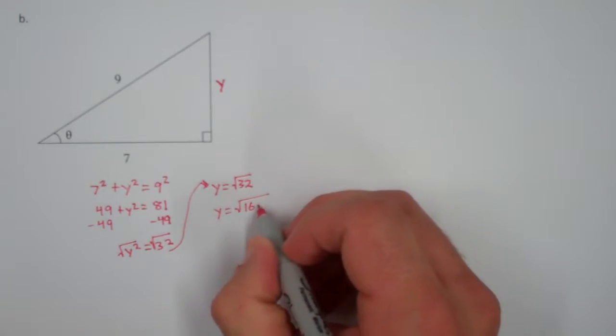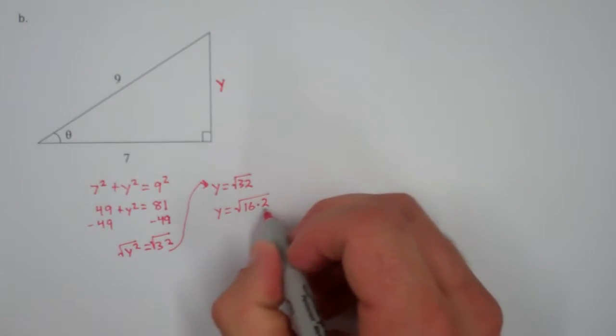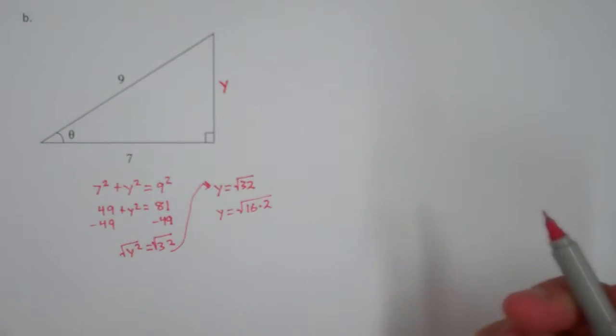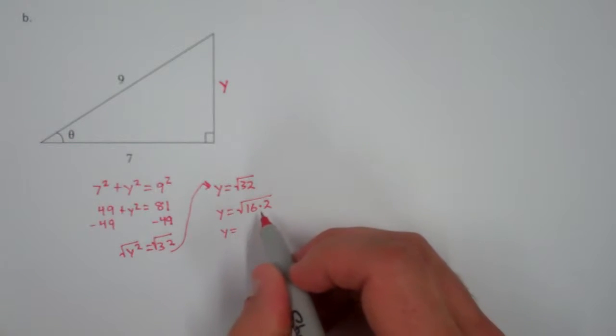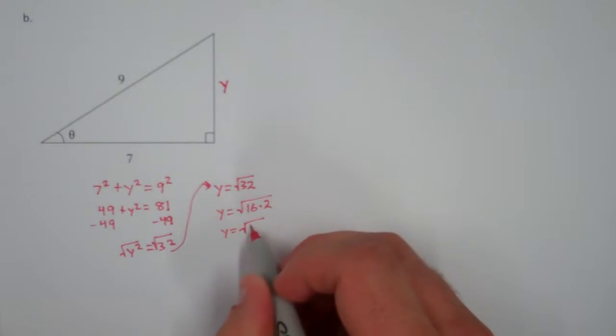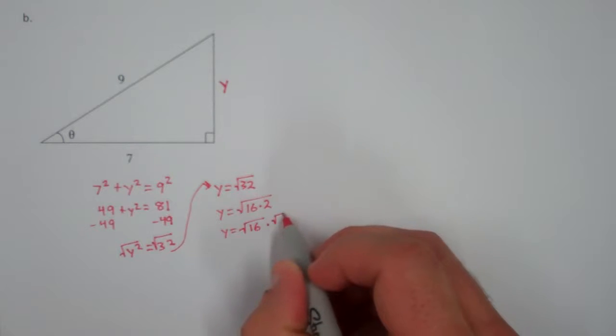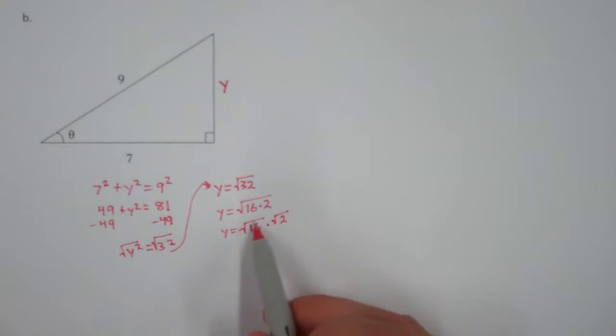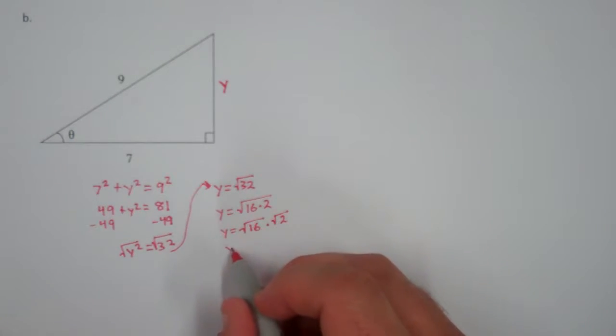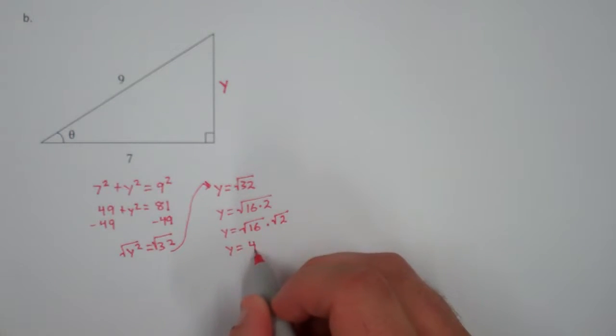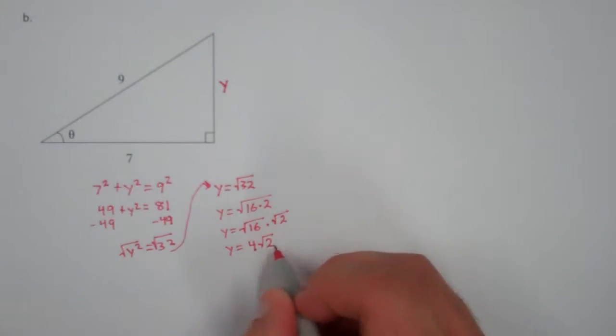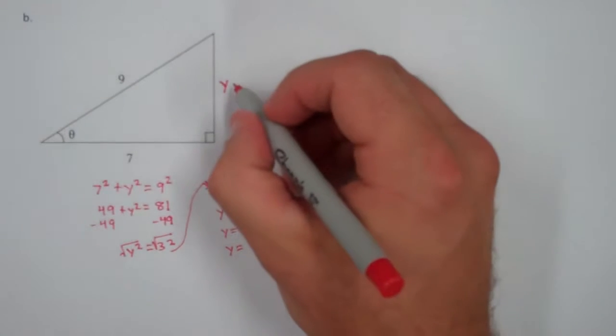So we could rewrite the square root of 32 as the square root of 16 times 2. After all, 16 times 2 is 32. When you have multiplication, you are allowed to split up this radical into two different radicals. And we now have the square root of 16, which is 4, and then the root 2, which needs to stay root 2.